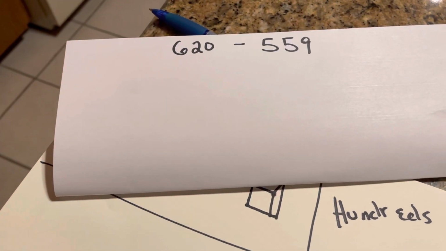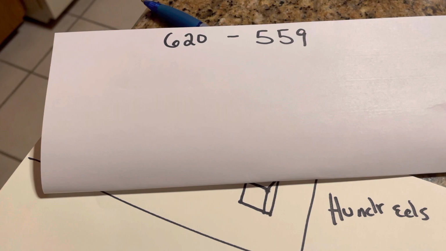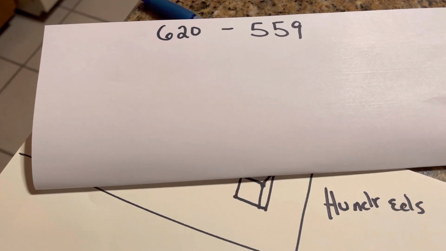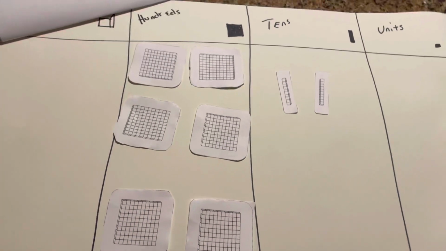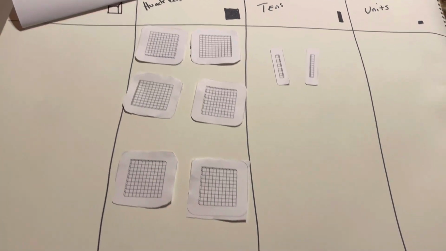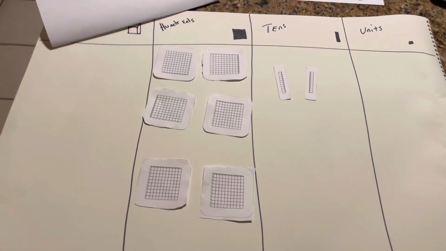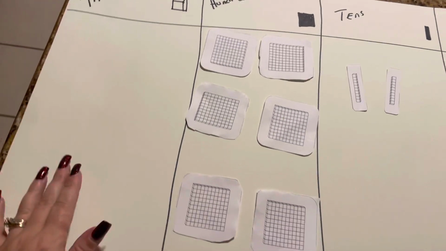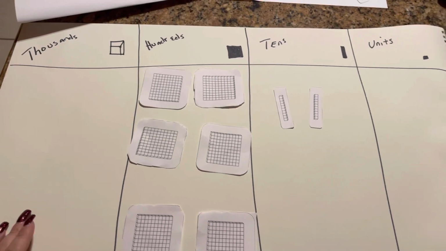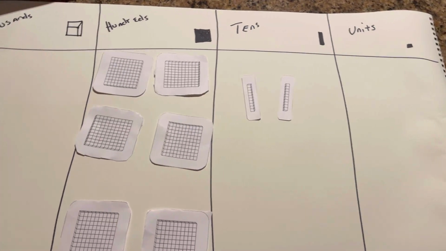For the first problem of the subtraction, the problem is 620 minus 559. So using a place value card chart, this is mine, it's big. It's thousands, hundreds, tens, and then units.